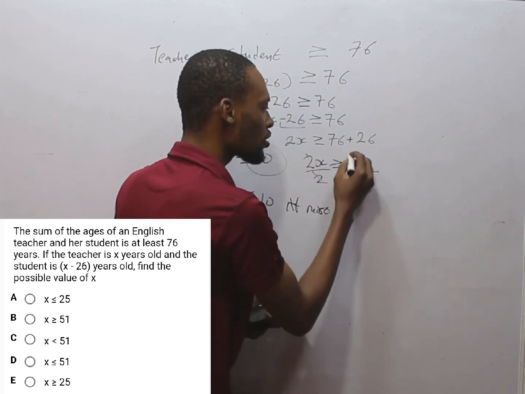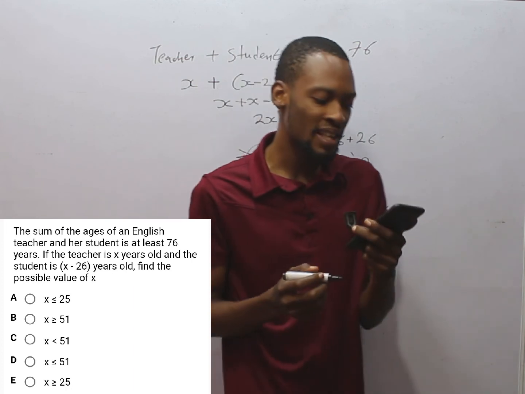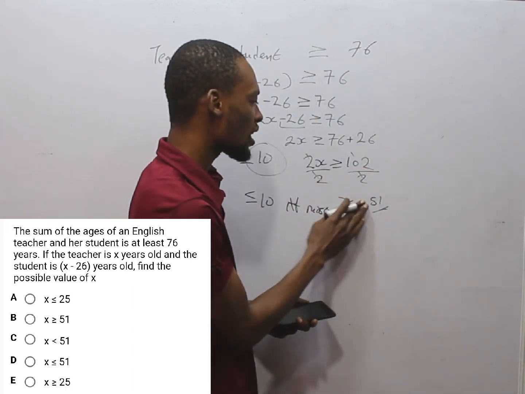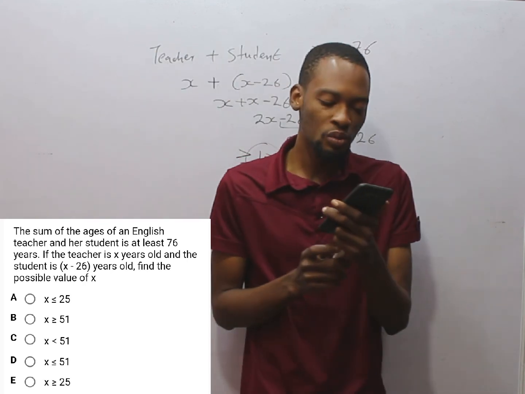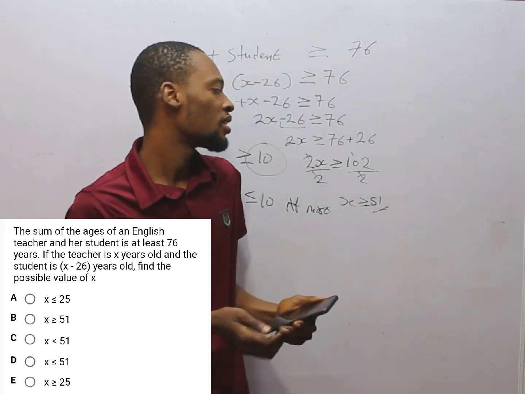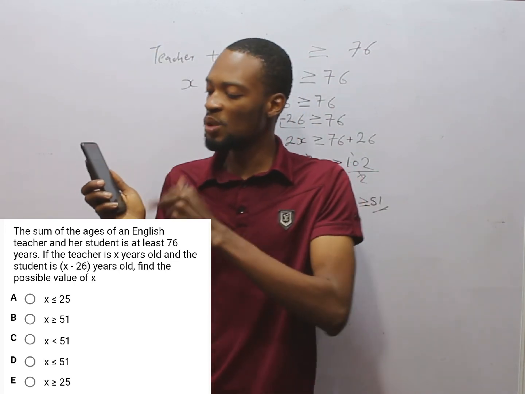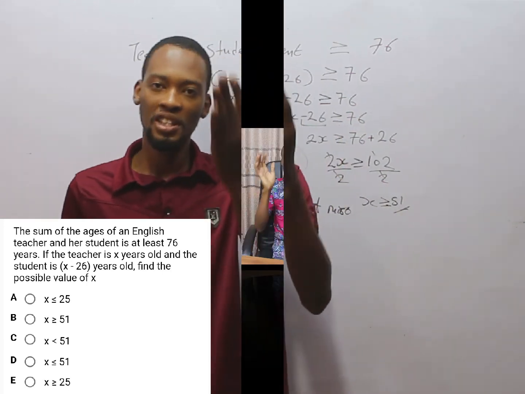S is equal to 51. So the possible value of S is 51, not equal to 51, but greater than or equal to 51, since we are still dealing with inequality. So option B is the correct option. And in fact, the options already suggest to you that we are dealing with inequality, not equality or equations.